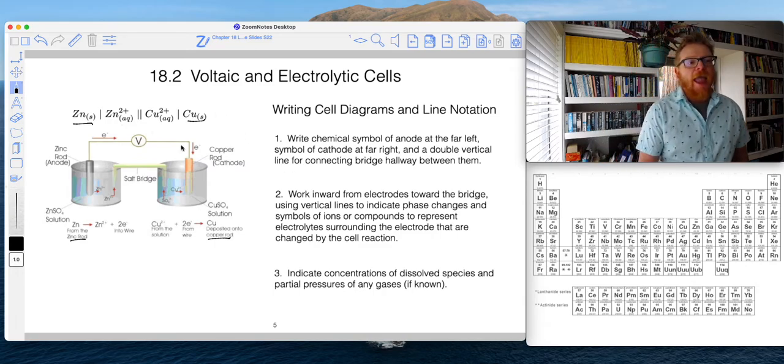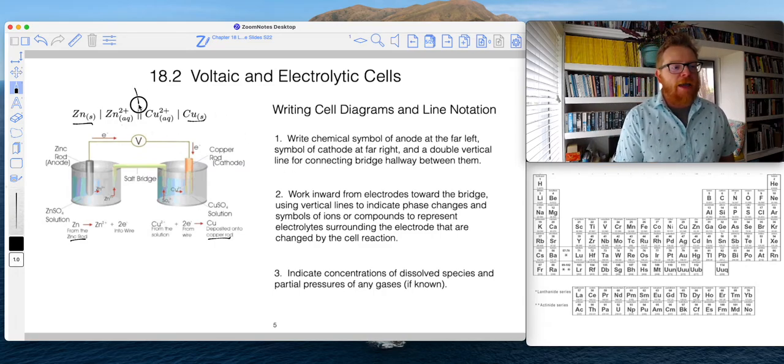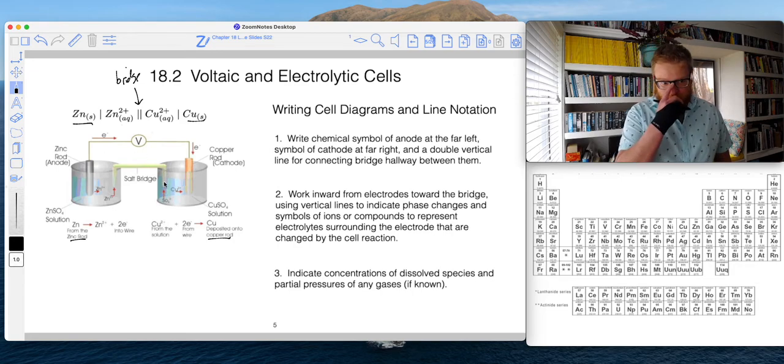And here is our double line that indicates our bridge. In one of these pictures, I showed you a porous bridge. In this picture, it's a salt bridge. All the same, you can see that cations migrate through the salt bridge from anode to cathode, and anions migrate through the salt bridge from cathode to anode.